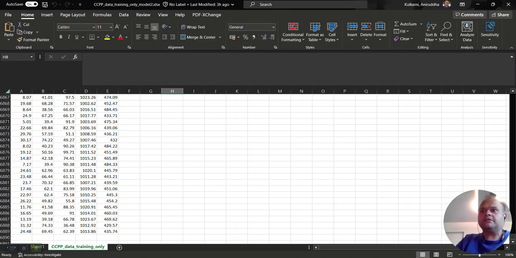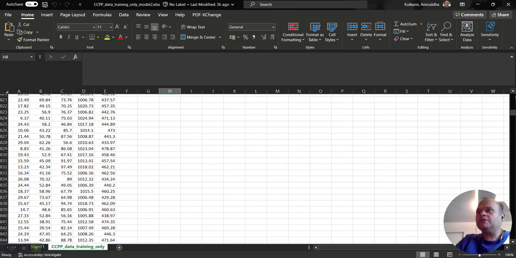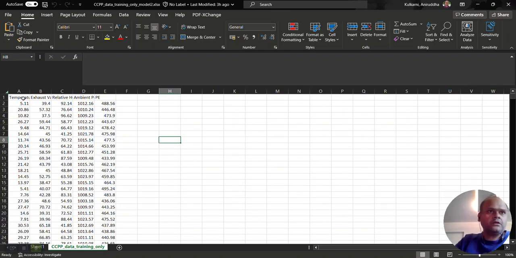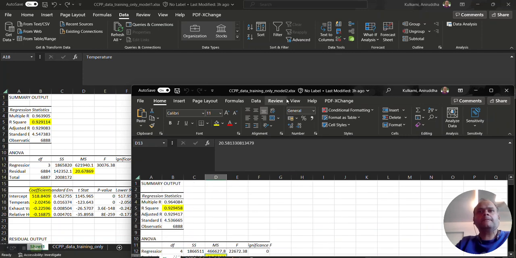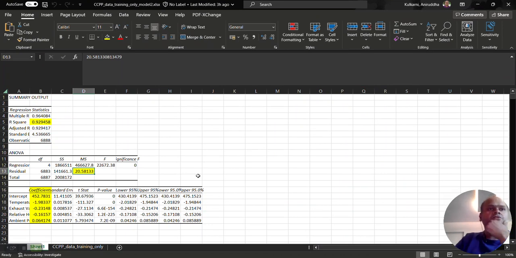It has the same training data set, and we have run a similar regression model here, and we have obtained a model with close to the same mean squared error. The previous one was 20.6 something, and this is 20.58. So fairly close to each other in terms of the mean squared error.